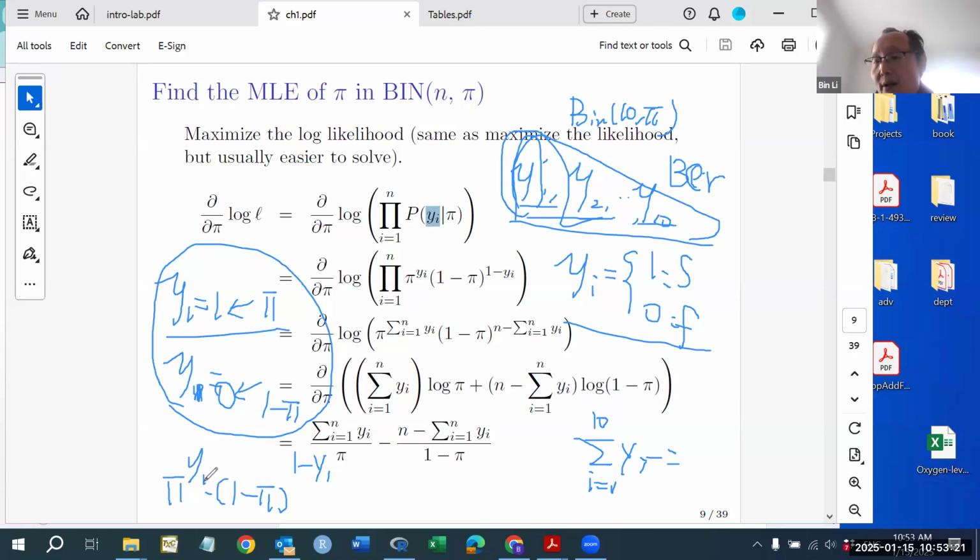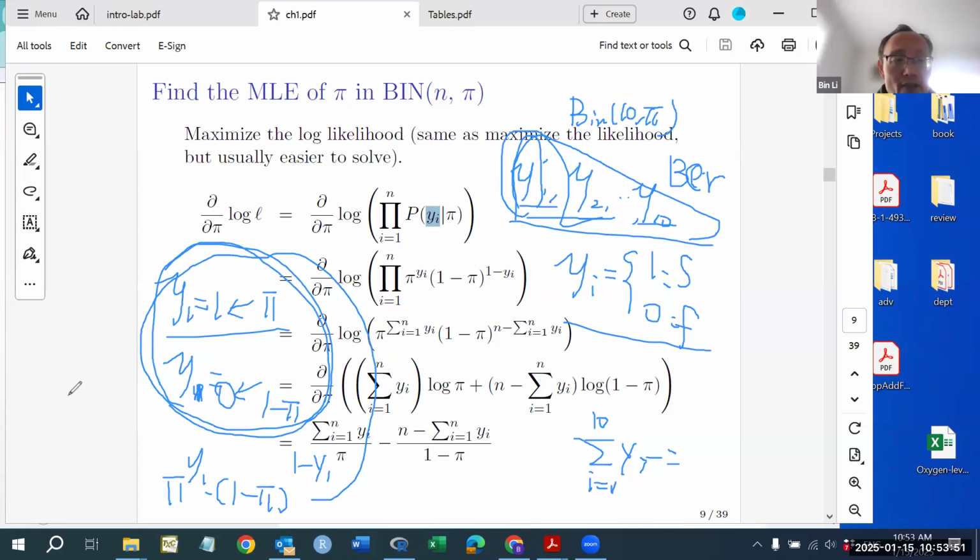If y1 is 1, then it's pi to the power of 1, that's pi, times 1 minus pi to the power of what? 0. And that equals 1, right? So this one becomes pi. And if y1 is 0, then pi to the power of 0 is 1. But 1 minus pi to the power of 1, that's 1 minus pi. You see that? That exactly shows this one.